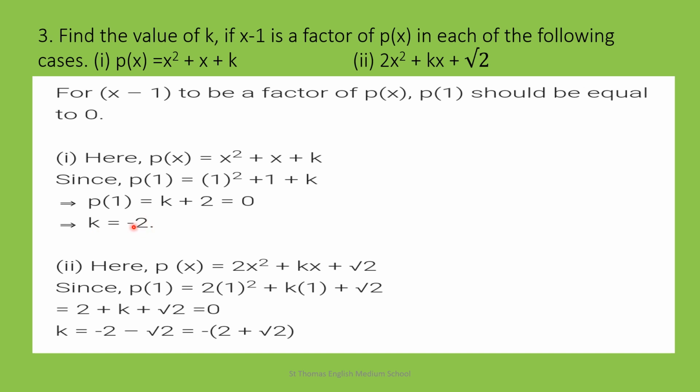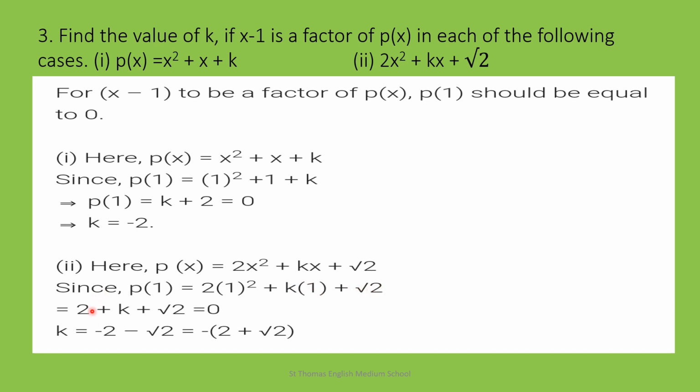Same way in question number 2, the given polynomial is 2x square plus kx plus root 2. Since x minus 1 is a factor of p of x, you have to find p of 1 that will be equal to 0. So p of 1 equal to 2 multiplied by 1 square plus k multiplied by 1 plus root 2.